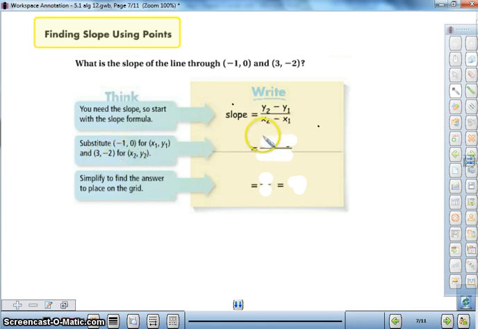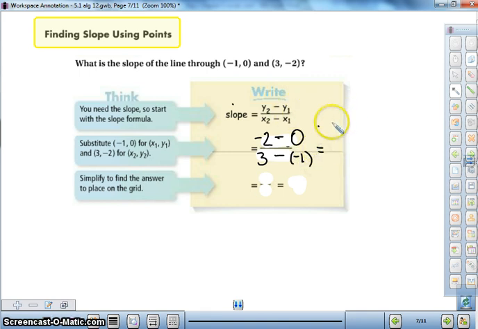When we start substituting in, the most common mistake is people want to put the x's first. We want to put our y's first: -2 minus, in this case, 0, divided by, what is our x2 point? Our x2 was 3. 3 minus, and in this case, we have to be careful, it's -1.